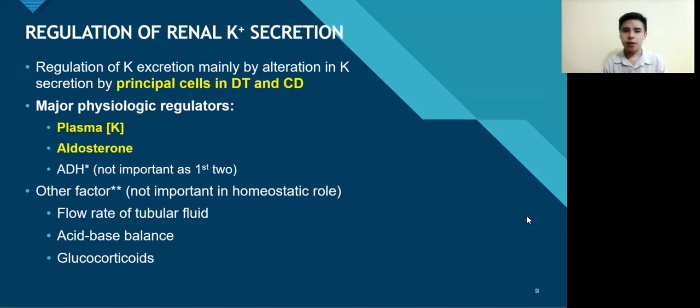There are two most important: plasma potassium and aldosterone. Those are the two most important regulators of renal potassium secretion. The others are less important, but we'll talk about them briefly.